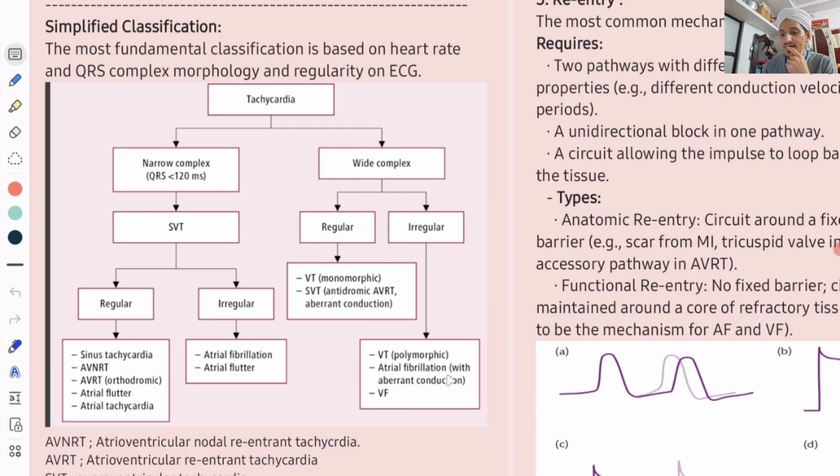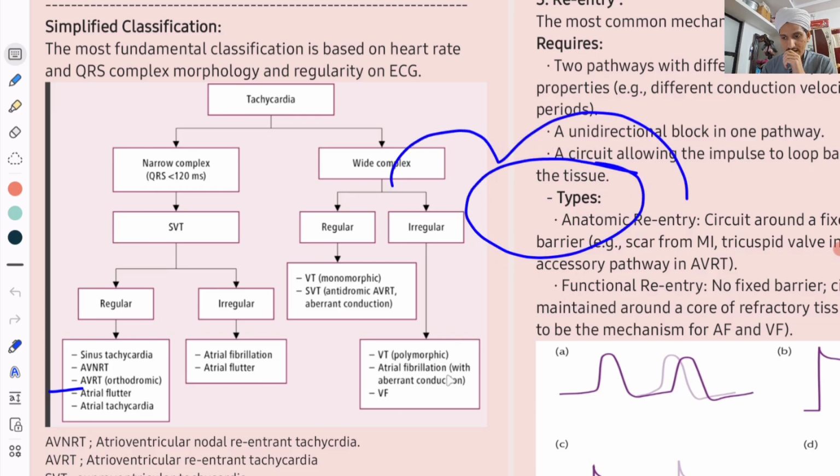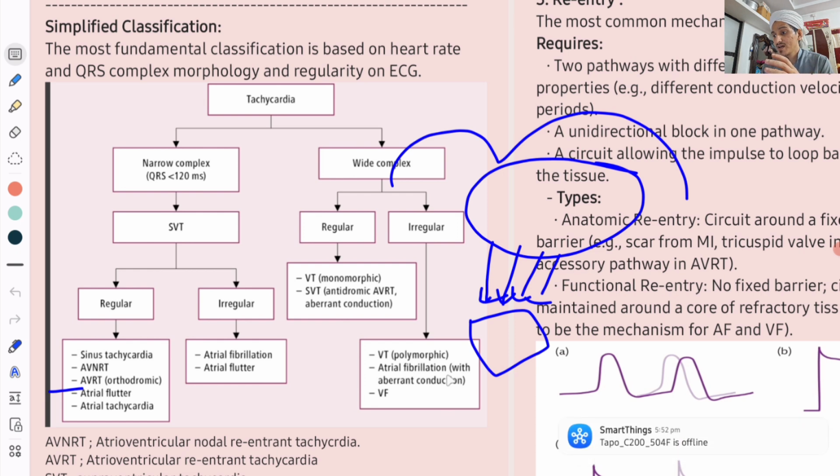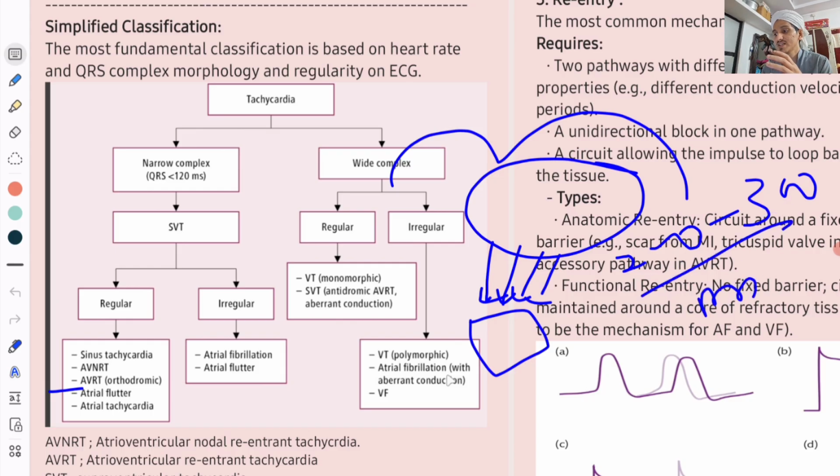Now atrial flutter. What is atrial flutter? There will be a large circuit in the atrium, which will bombard the AV node with impulses, for example 200 to 300 impulses per minute.